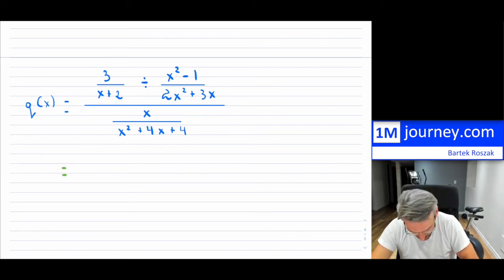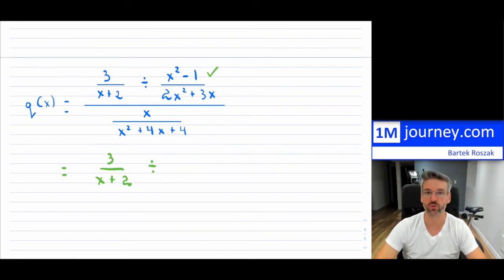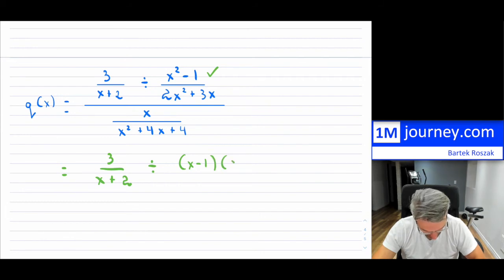So first you try to see, okay, let's factor this out. I'm going to leave this as division for now. Now notice within here, x squared minus 1. That's a difference of squares, so that's going to be x minus 1 and x plus 1. So that's what I'm going to have in the numerator there. And then within here, in the denominator, I can take out the x.